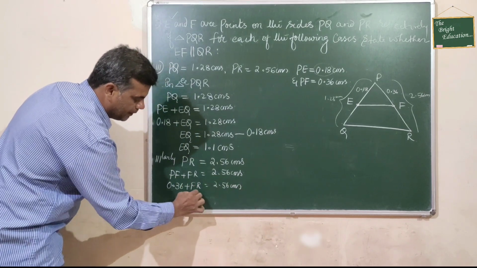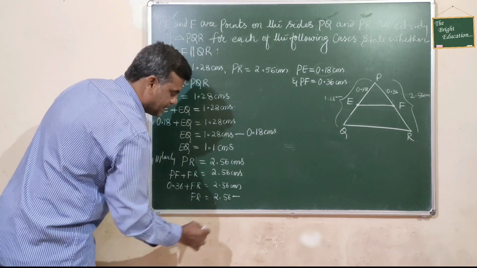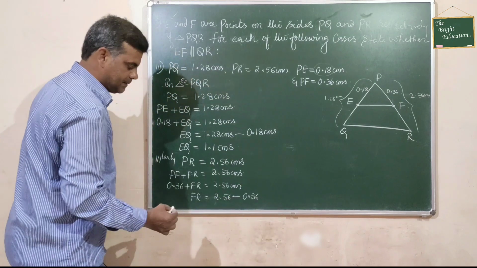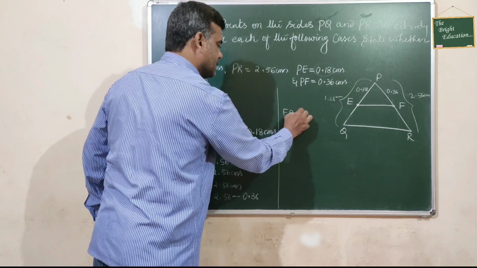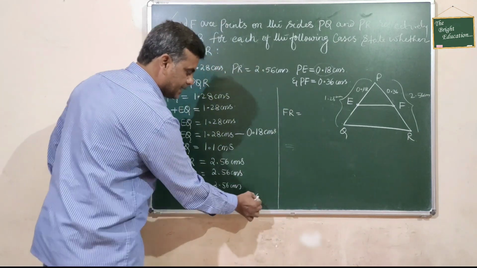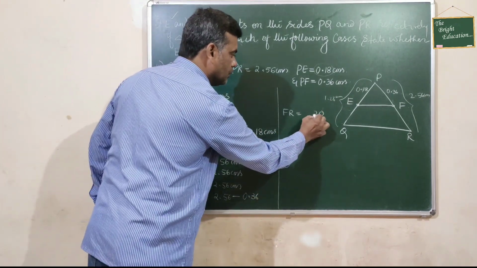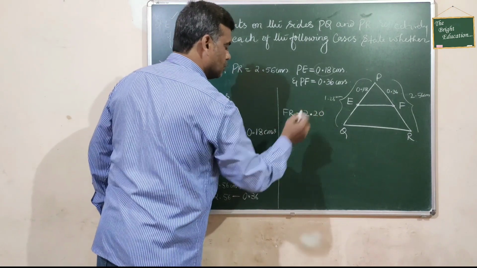Then FR equals 2.56 minus 0.36. On subtracting, 6 minus 6 is 0, 5 minus 3 is 2, so FR is 2.2.